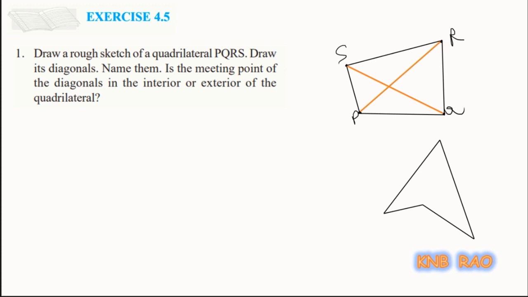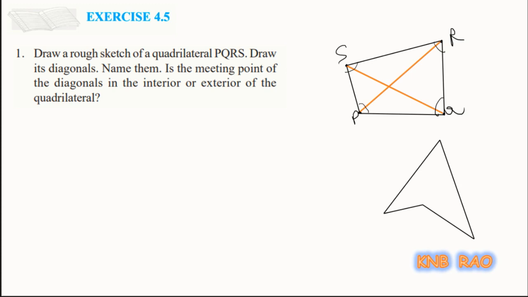Children, remember this, in the first figure, each of the angles in that quadrilateral PQRS is either an acute or obtuse angle. That means it is less than 180 degrees, more than 90, or less than 90, more than 0.